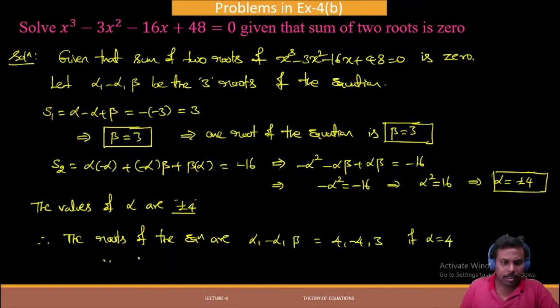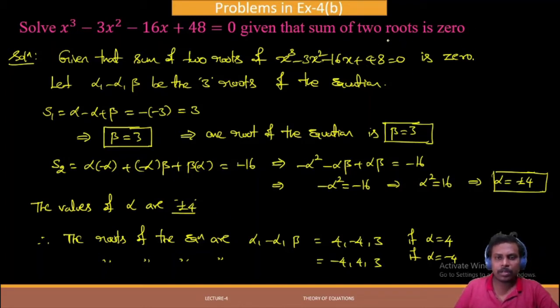Now again, if alpha is equal to minus 4, then this becomes minus 4, 4, 3. So this implies the roots of the equation are 4, minus 4, 3.